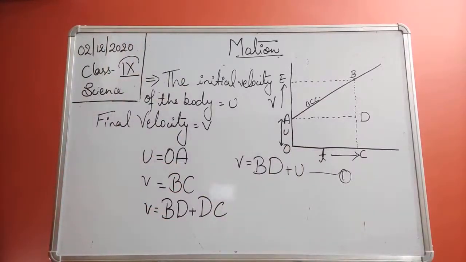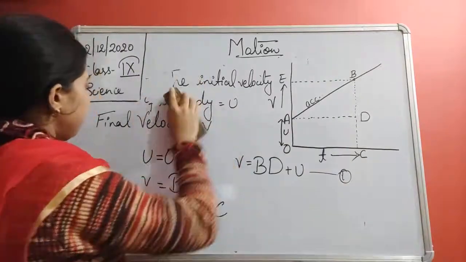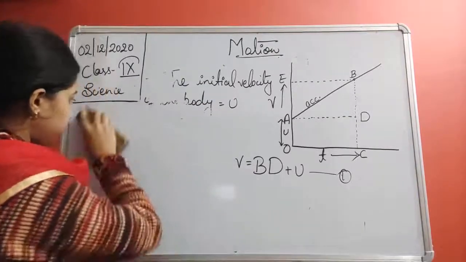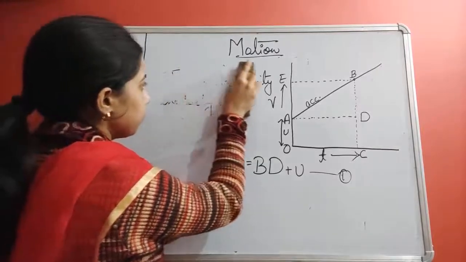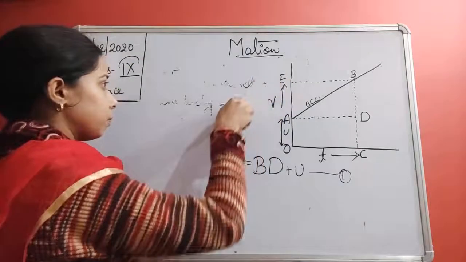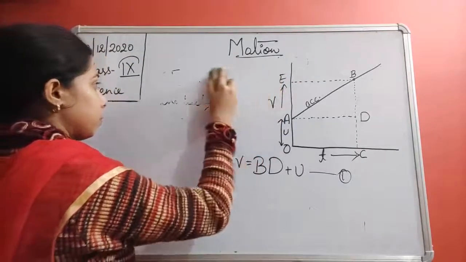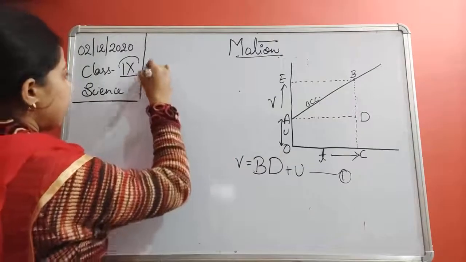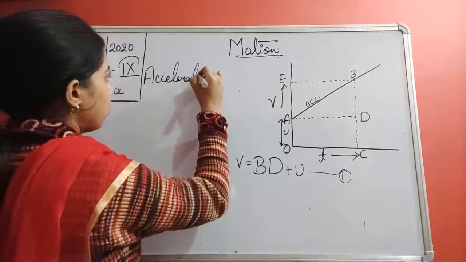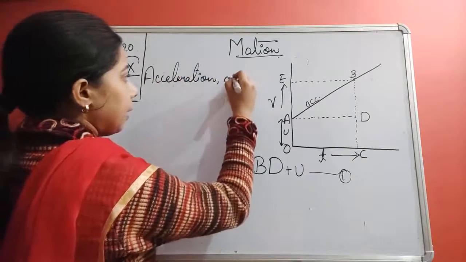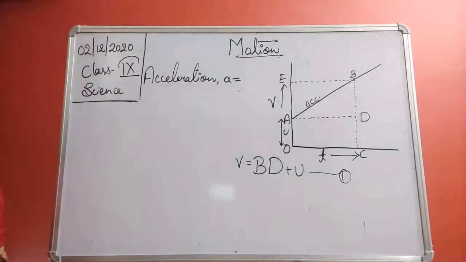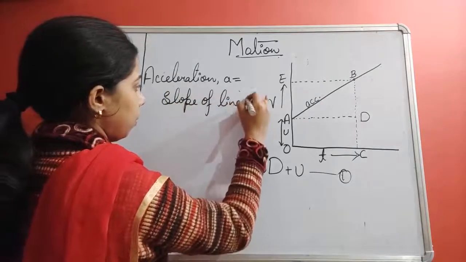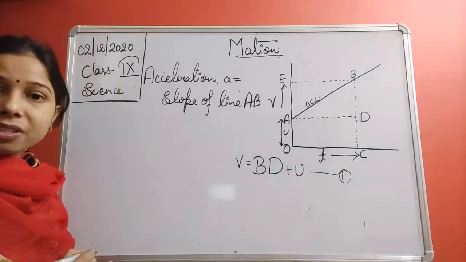So we can write acceleration A is represented by the slope of the line AB.